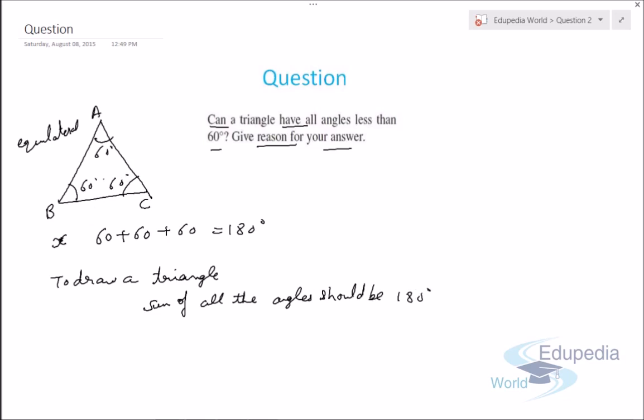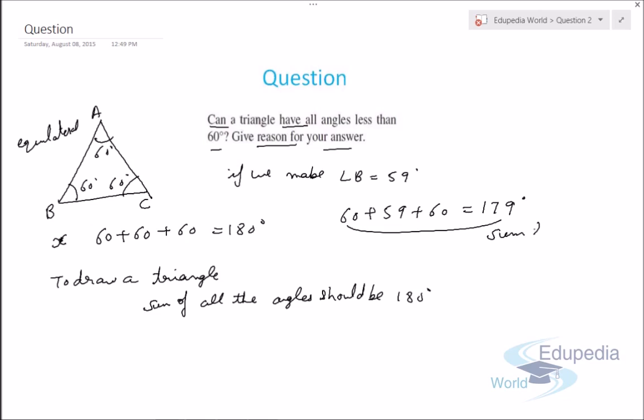Now if we make, let's say, angle B as 59 degree, then its sum will be 60 plus 59 plus 60. Now it will come out to be 179 degree. Then we have a sum less than 180 degree.